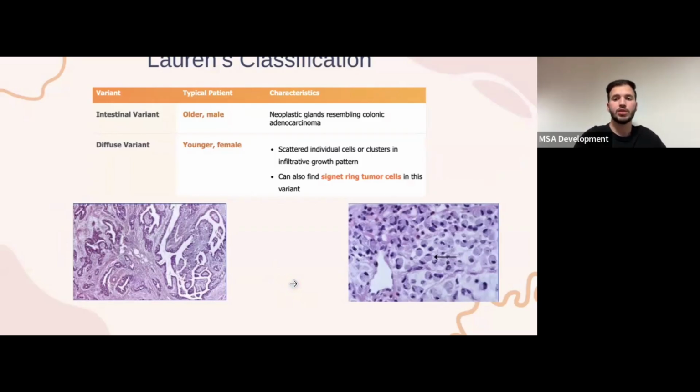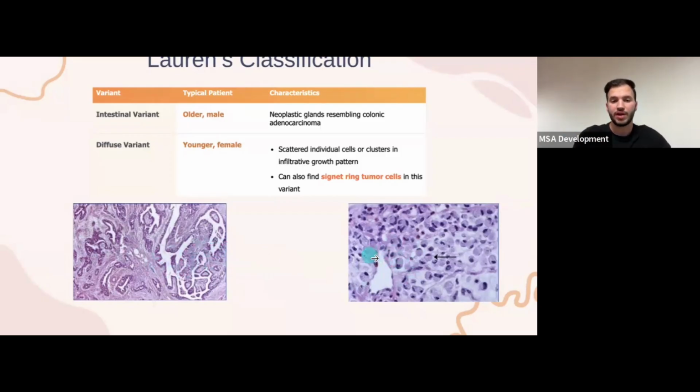In the intestinal variant, we can see some villi, which tells us this is like the small intestine, so we have metaplasia here. I'm talking about this picture, by the way. We also have some goblet cells, which are remnants of the goblet cell metaplasia that was a precursor of this tumor. This is for the intestinal variant.